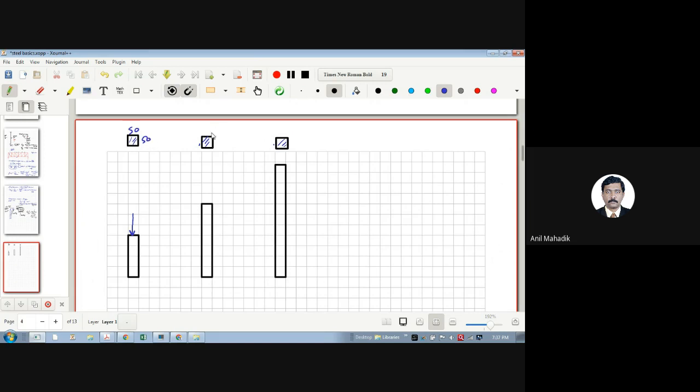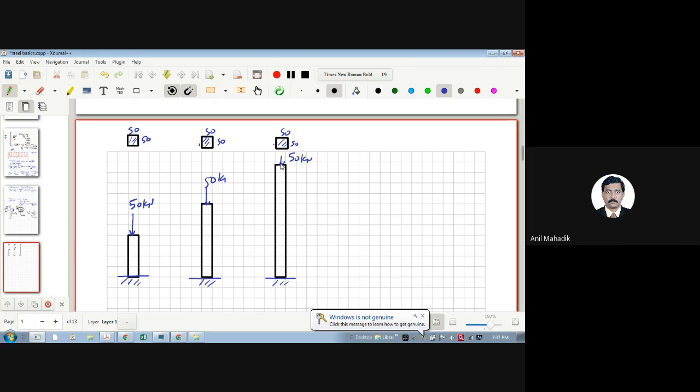All are 50 by 50 mm areas. And let's say we have a compressive force of 50 kilonewton. So all these square rods have the same compressive force, and this is also 50 kilonewton.